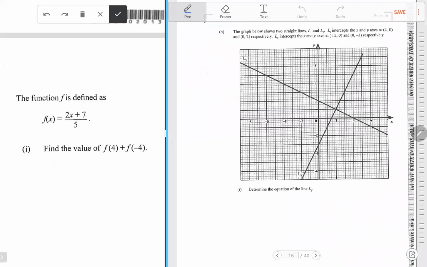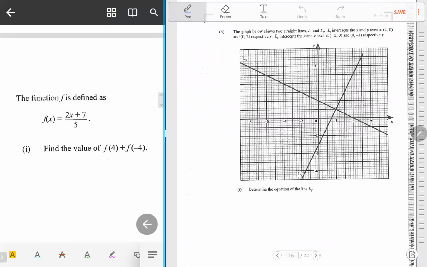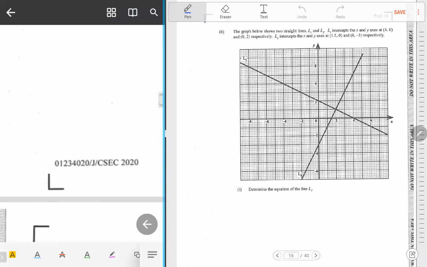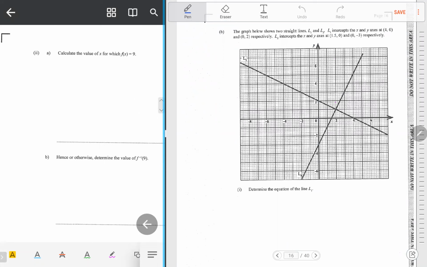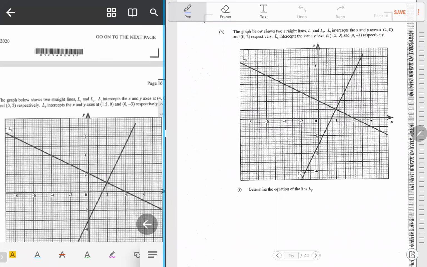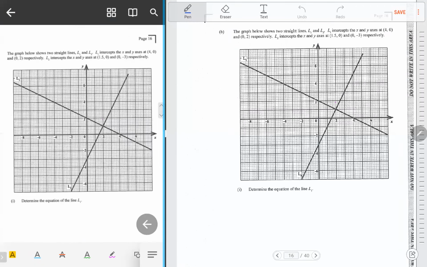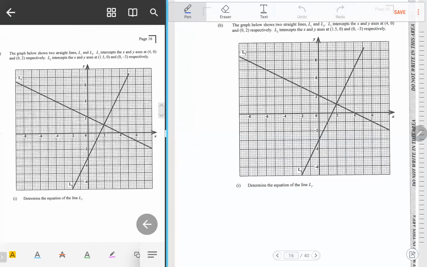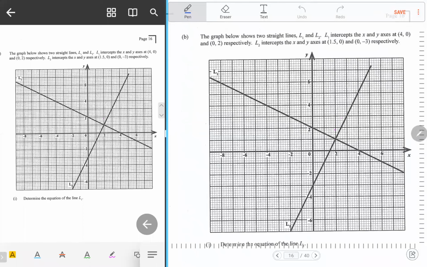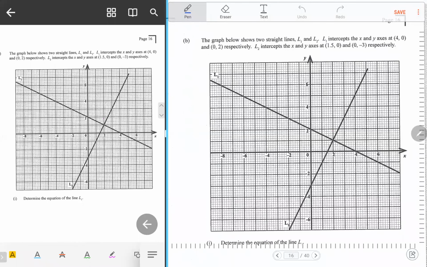The next part now gives us these two lines. All right, so it gives us a graph with two lines here. Let's see what the question said. The question said, graph below shows two straight lines, L1 and L2.